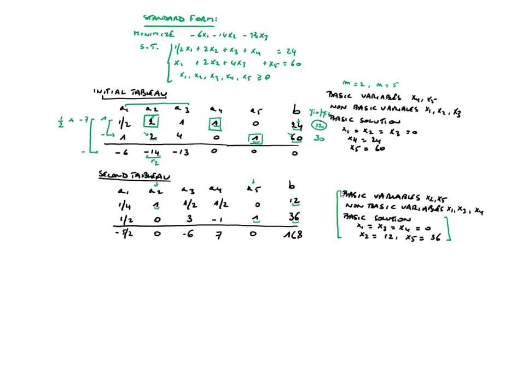At every step you should check that this basic solution still meets, well, the original constraints of the problem in the standard form, and you will see here that this is indeed the case.